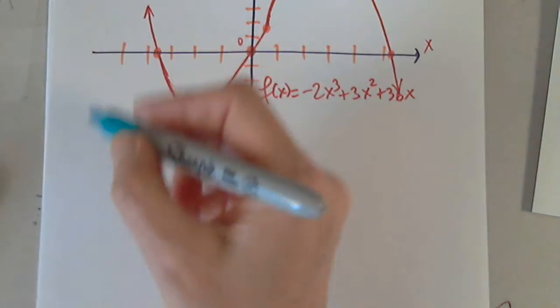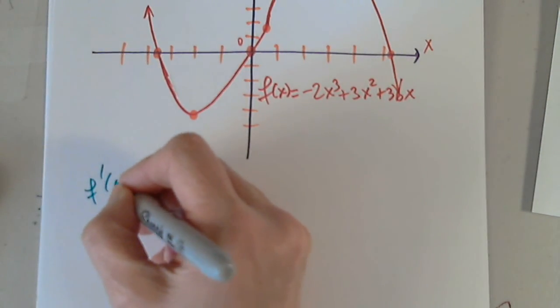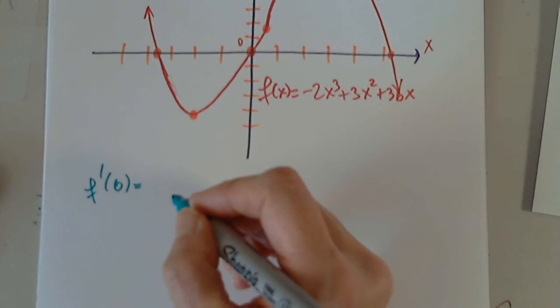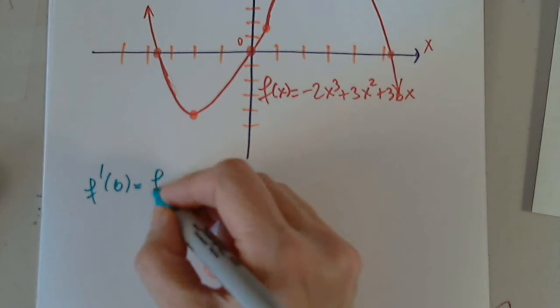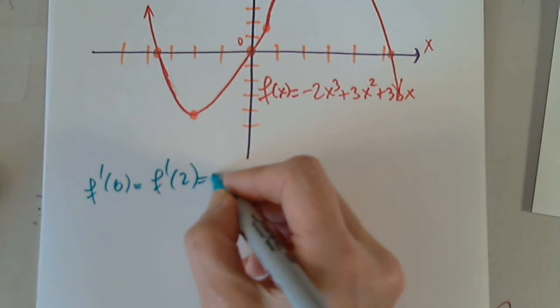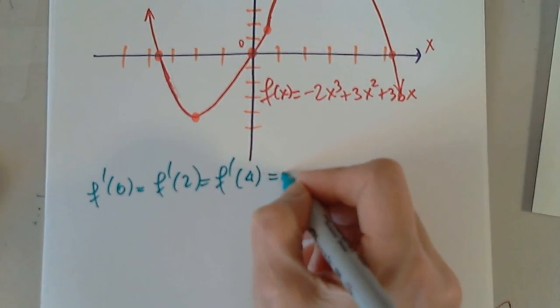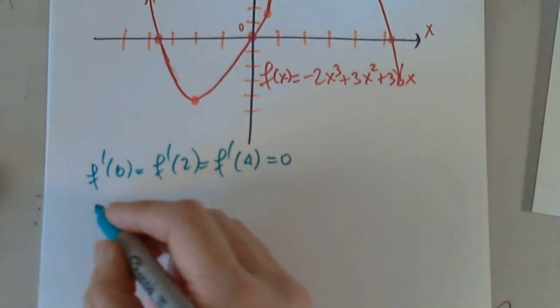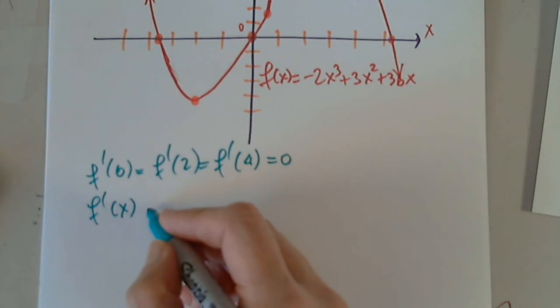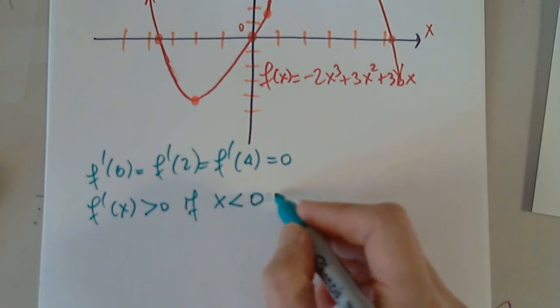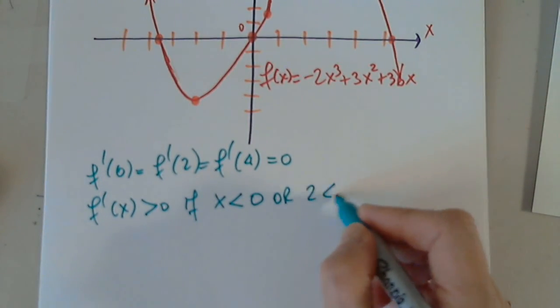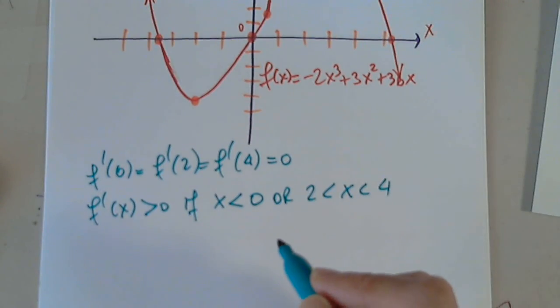Yeah, let's look at, we are given f prime of 0, which equals f prime of 2, which equals f prime of 4, which is 0. We are given that f prime of x is positive if x is less than 0 or 2 less than x less than 4.